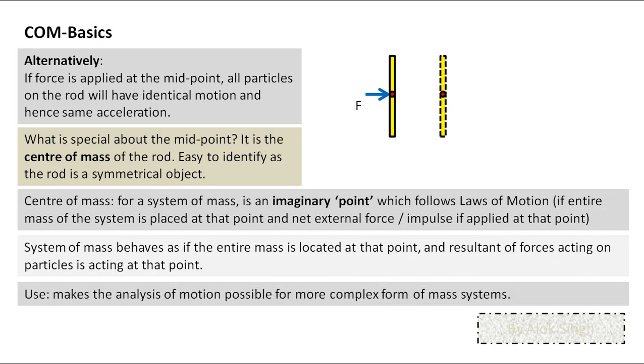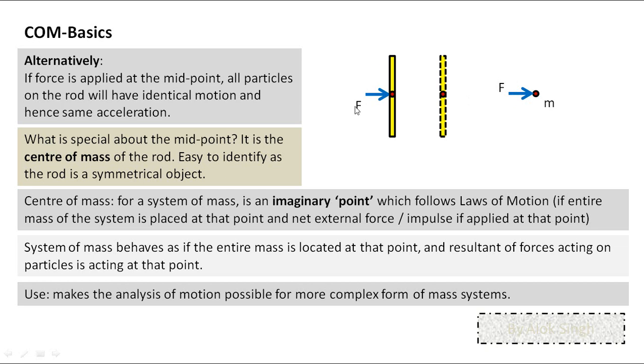What is the purpose, how is it useful? The concept of center of mass makes the analysis of motion of more complex forms of mass systems possible. So it need not necessarily be a point mass or particle-like motion. So a rod motion can be replaced with one point mass, entire mass placed in the center and force acting at this point.